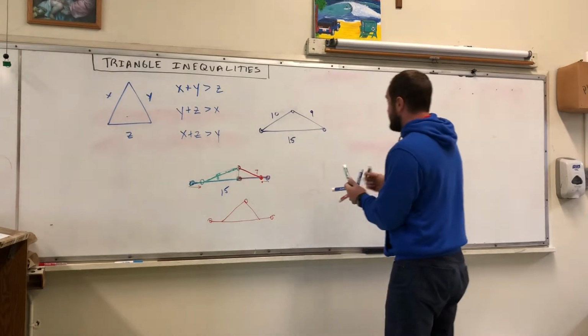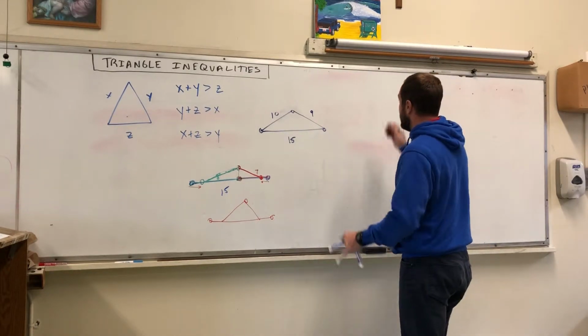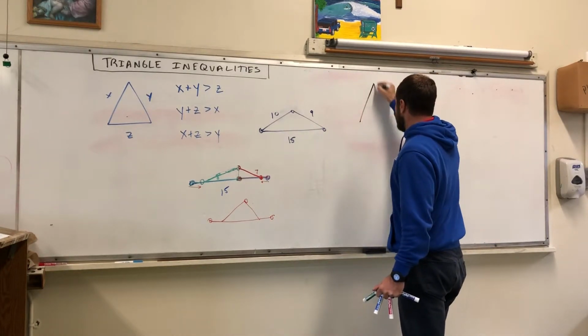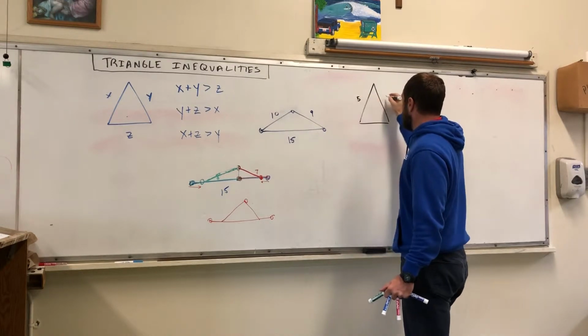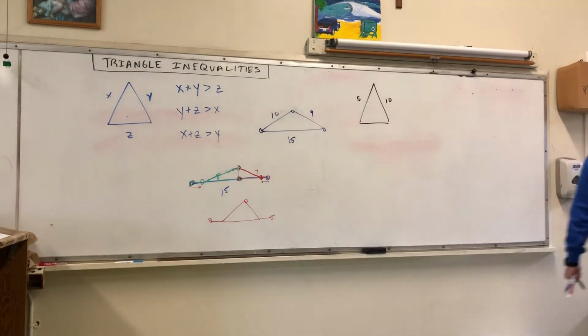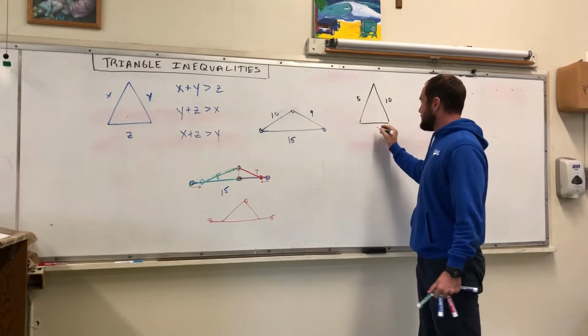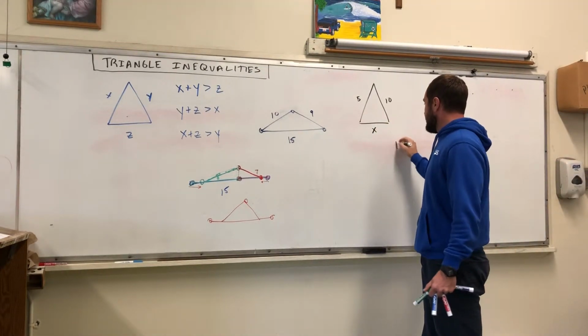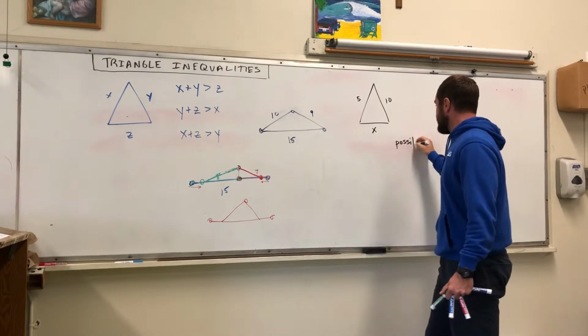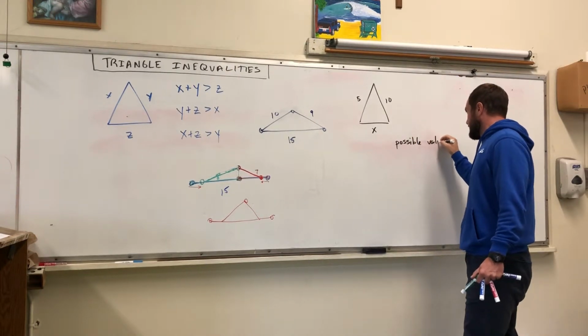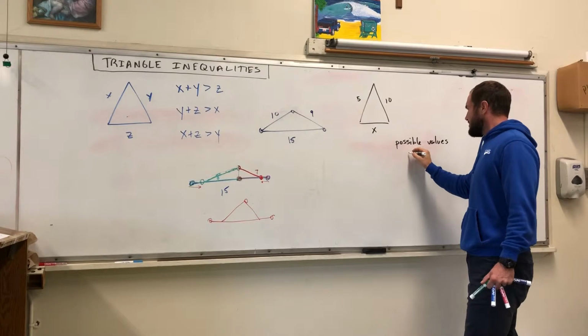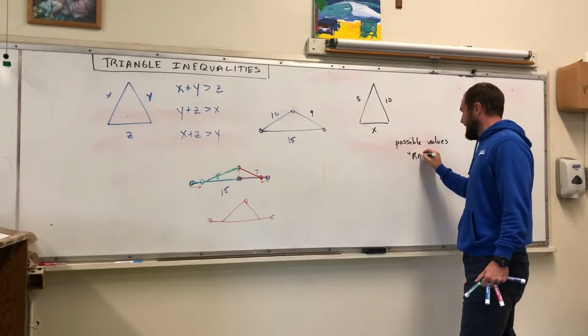Now, what's going to be asked of you is to say, okay, let's look at a triangle with sides 5 and 10, and I want to say what are possible values for x? What's the range?